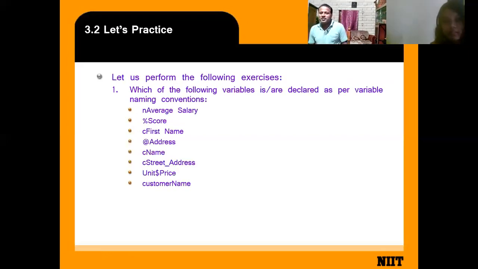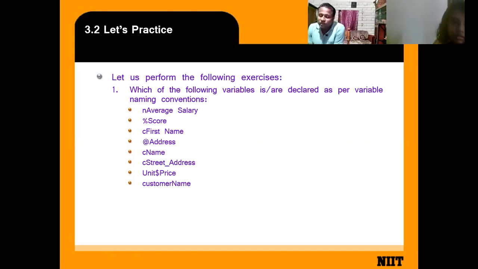Now this one. Tell me, is the first one correct or not? No, sir. Second one, it's a percentage sign. It is correct?